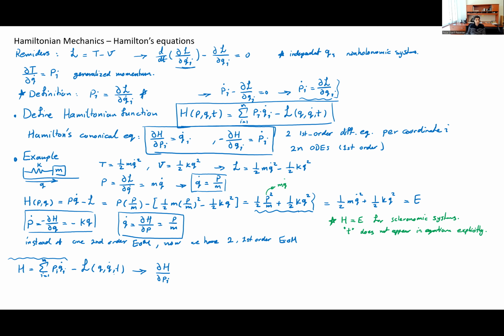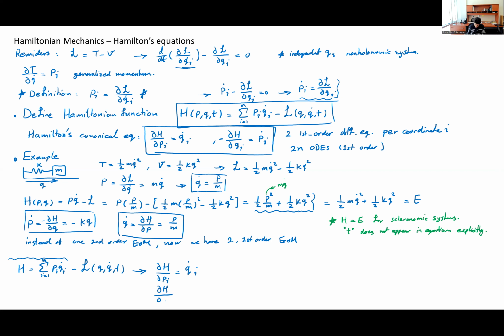If we leave the Lagrangian as is, as a function of Q dot, well, this is not a proof, this is a very sloppy demonstration. The Lagrangian doesn't have momentum in it. The only momentum is in the sum, and the partial derivative with respect to that particular P_i is Q dot_i. That's the only term that has P_i in it.